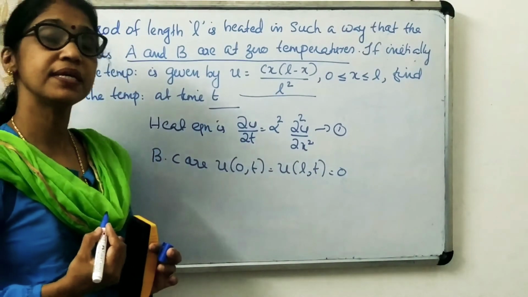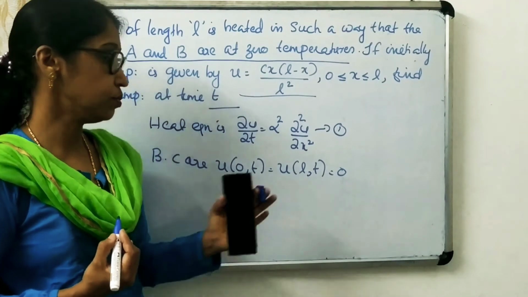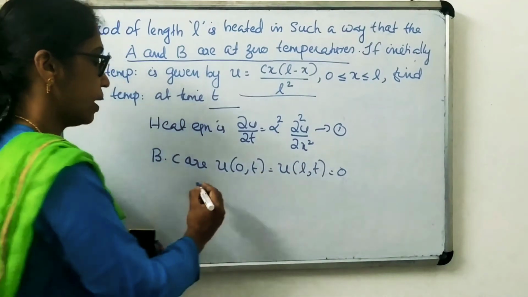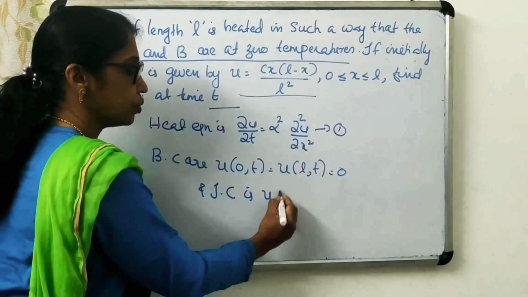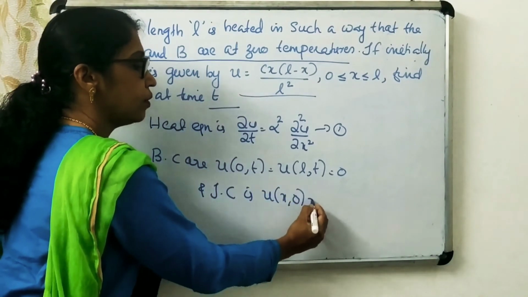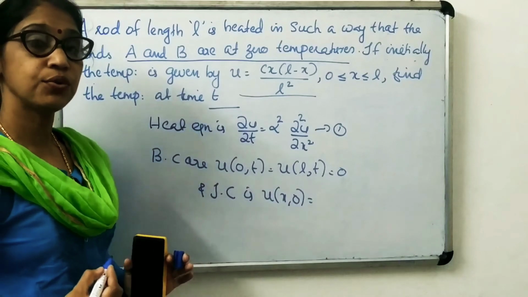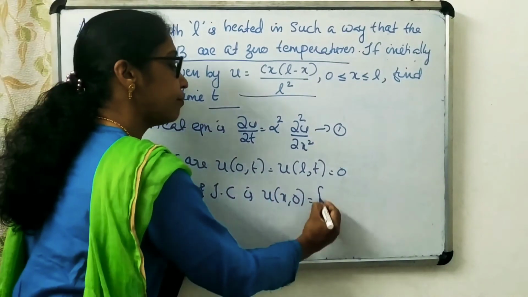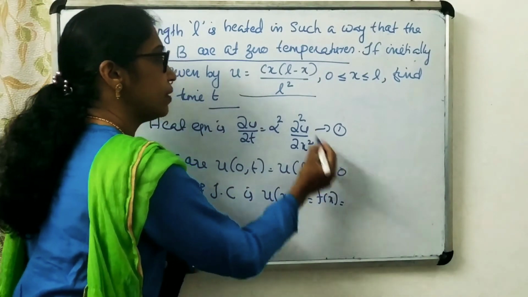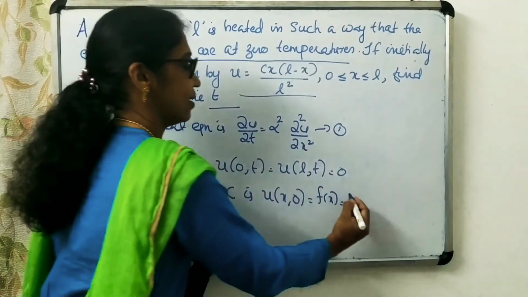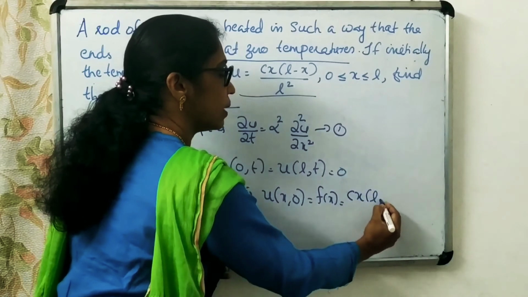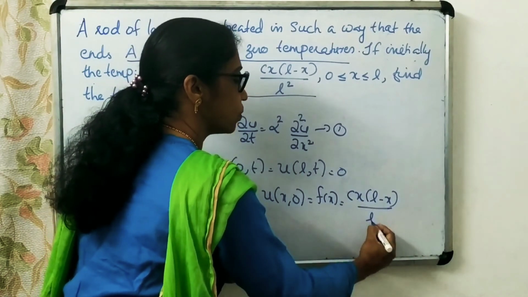Both the ends are kept at 0 degrees Celsius. So the boundary conditions are 0. And the initial condition is U(x, 0), which we denote by f(x). And what is f(x)? f(x) is Cx(L - x)/L².